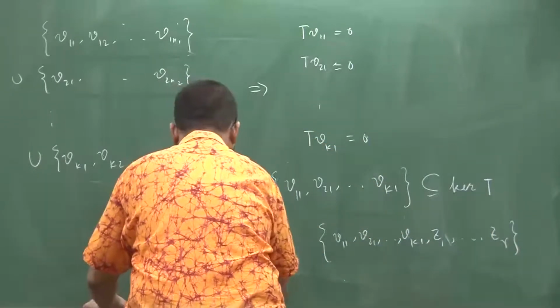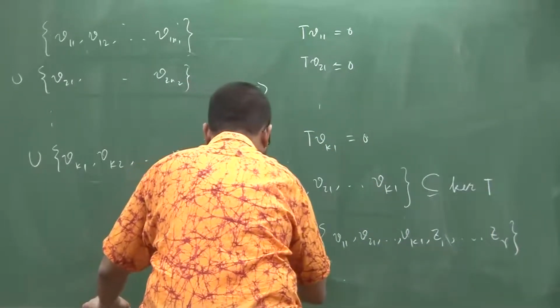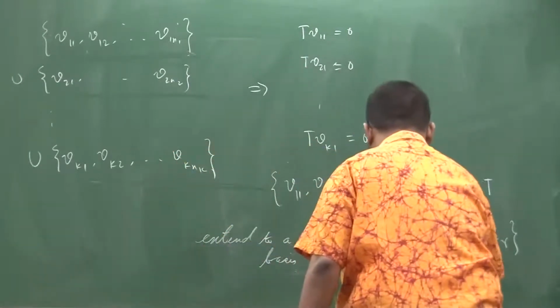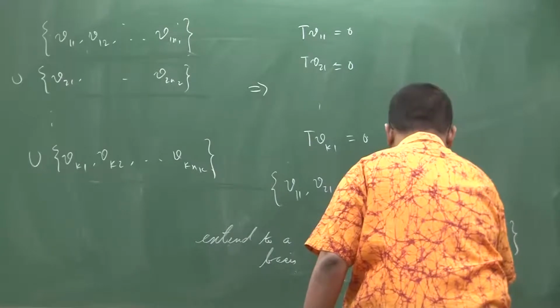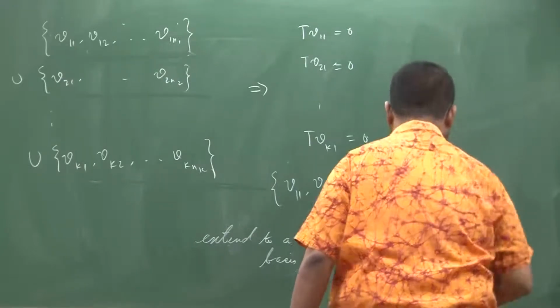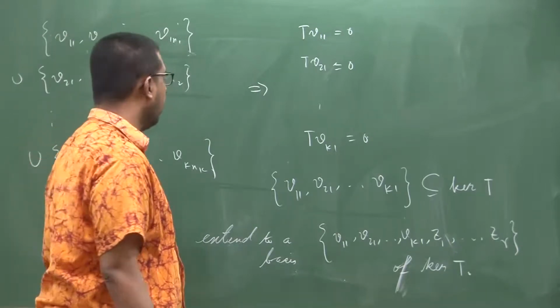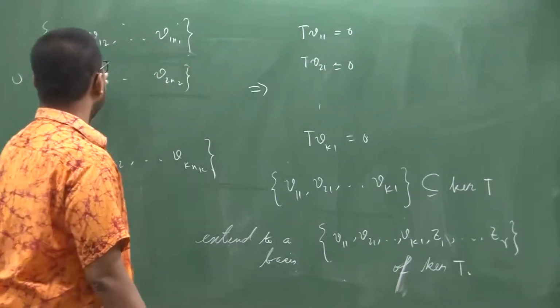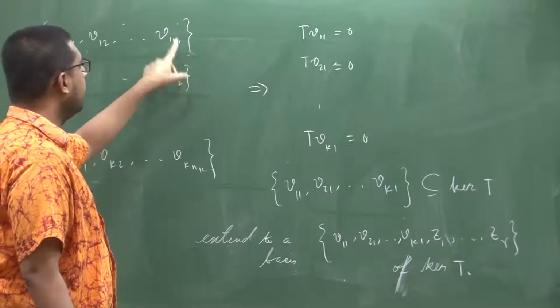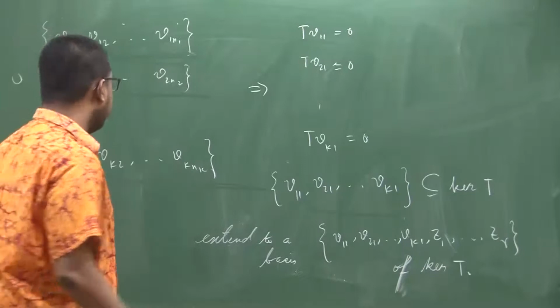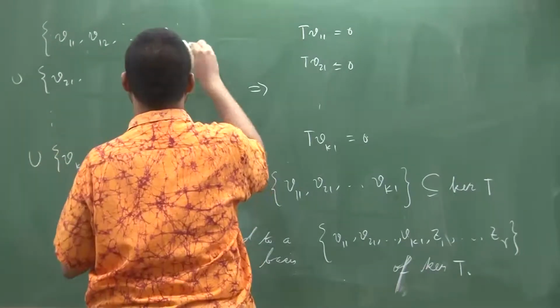Extend this to a basis of kernel T, right. And then remember that all the last vectors of the strings lie in the image.